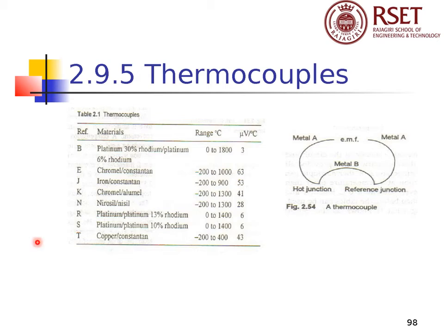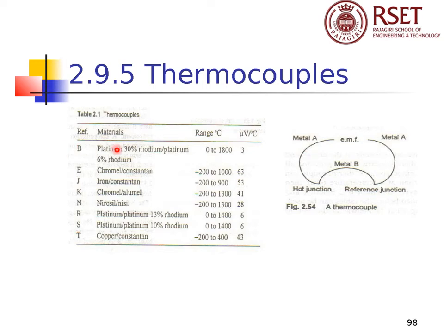For different temperature applications and different sensitivity requirements, you can go for different thermocouple materials. This table shows the basic structure, two materials and two junctions, and the metals used are shown in the material column. Here you can see platinum and rhodium.